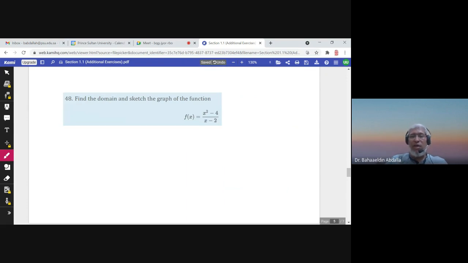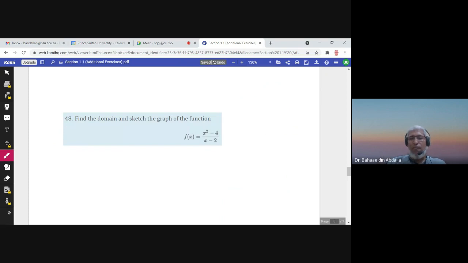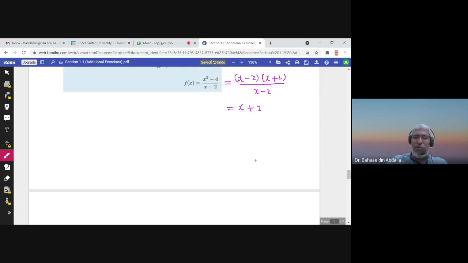Find the domain and sketch the graph of this function. You can factor x squared minus 4 to x minus 2 times x plus 2. And you can cancel x minus 2 with x minus 2, and you have only x plus 2.